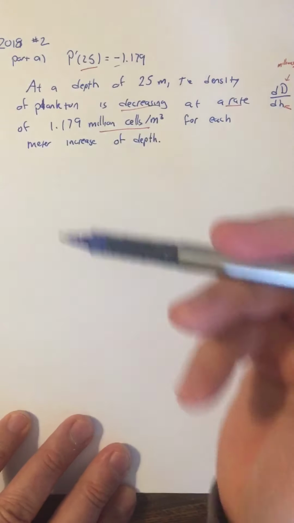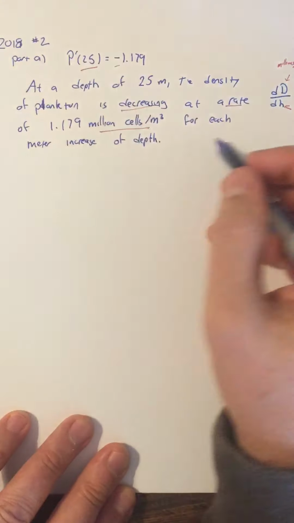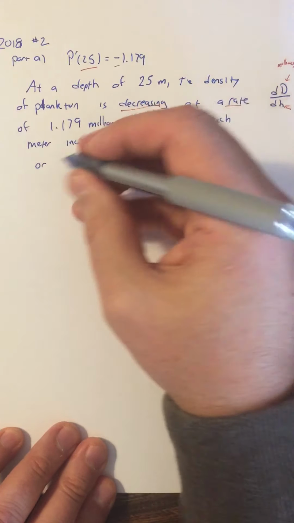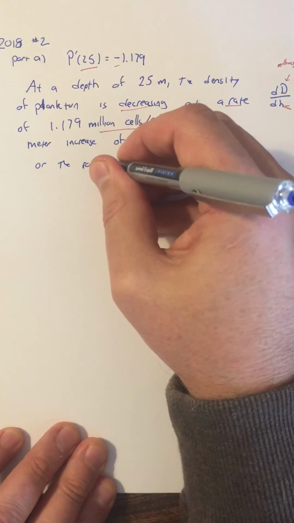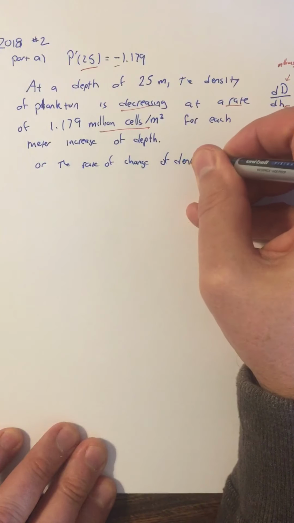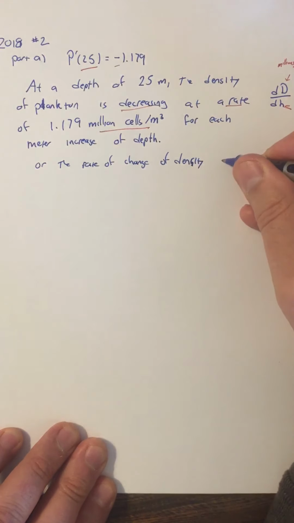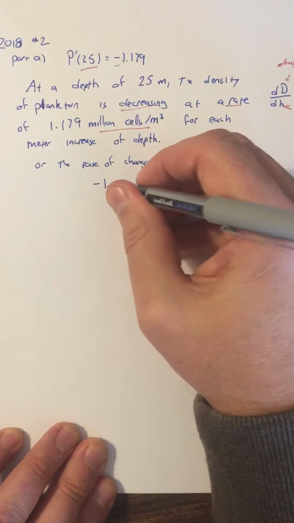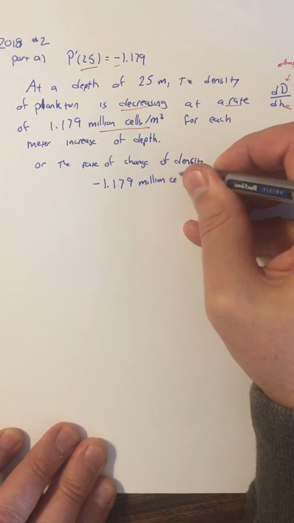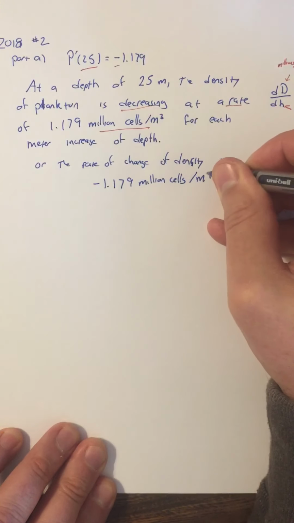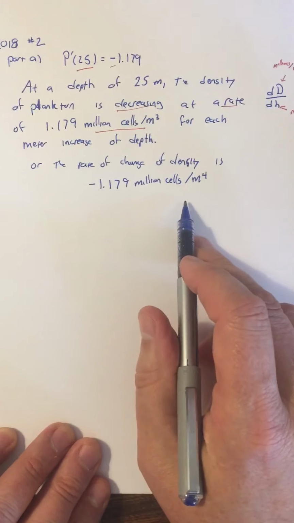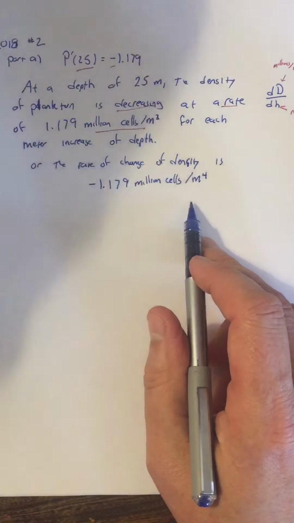I think we would probably get full credit for just saying this, but another way to say it is: the rate of change of density is negative 1.179 million cells per meter to the 4th power. This one's a little more abstract. What does meters to the 4th power mean?